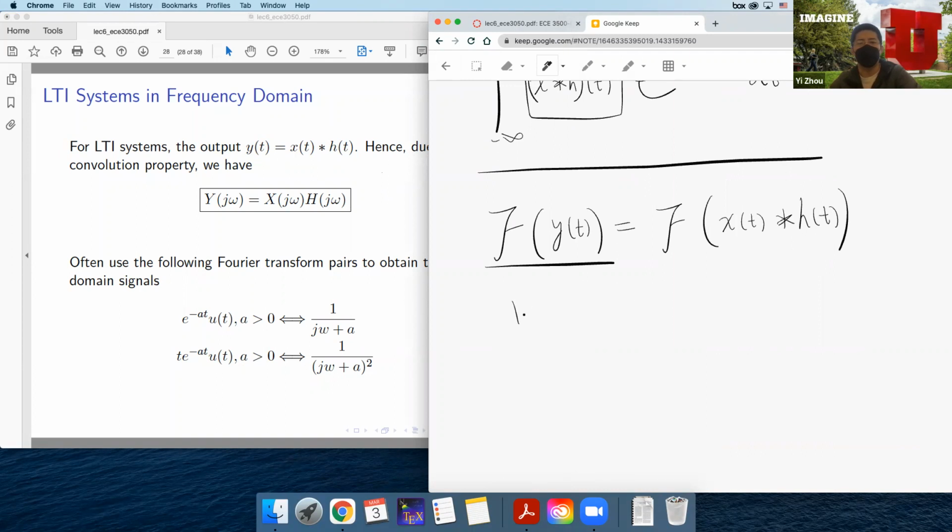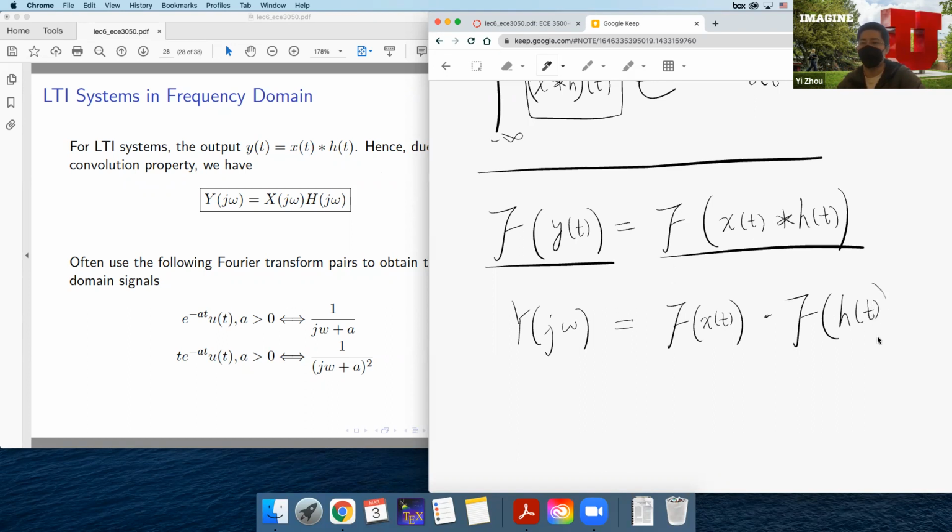This is simply the Fourier transform of Y, your output. And for this one, we just apply the convolution property of Fourier transform: the Fourier transform of a convolution equals the Fourier transform of each of them multiplied together. And this is simply X(j omega) times H(j omega).